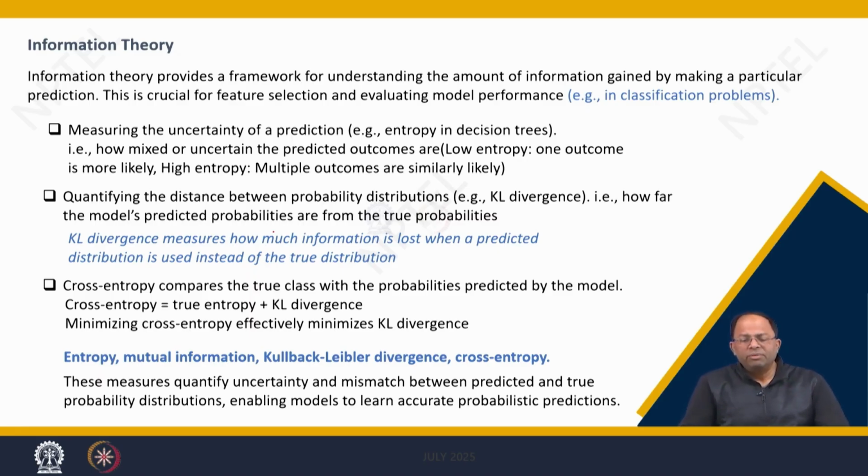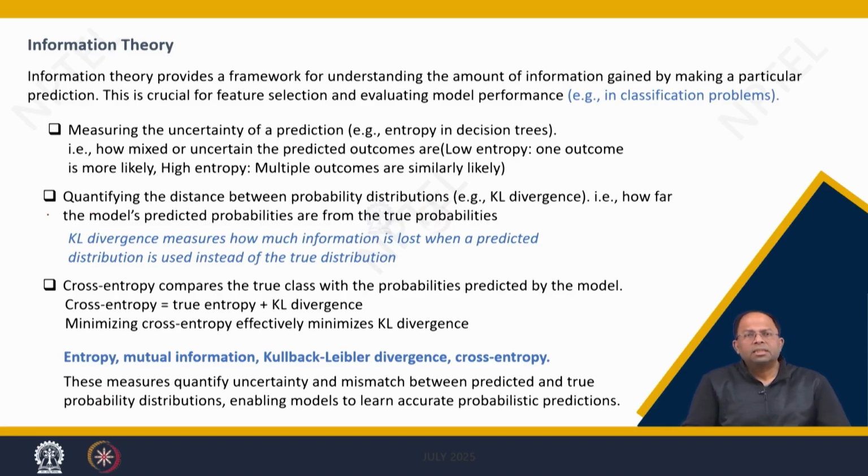This amount of information gain from utilizing this particular feature for prediction, or, in a regression model, if I include a feature and it improves my prediction efficiency, we can call it information gain. This is crucial for selecting which features to be chosen and kept in the model, and also for evaluating the model performance.